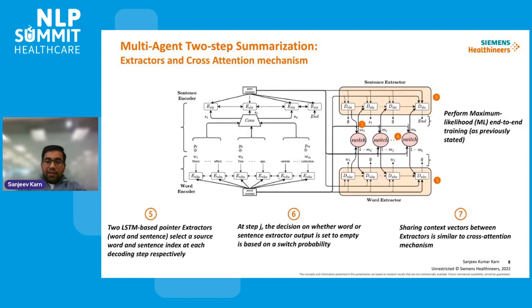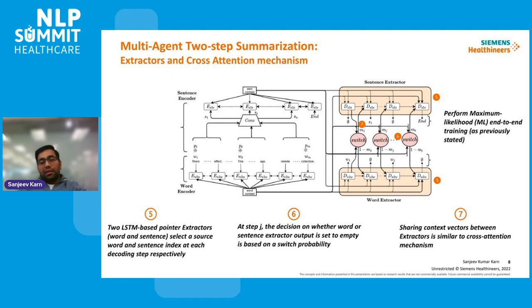As I mentioned previously, in our innovative approach to the extraction process, we explore the hierarchical nature. And to explore the hierarchical nature, we need to build a word extractor. What the word extractor does is extract the keywords out of the report.